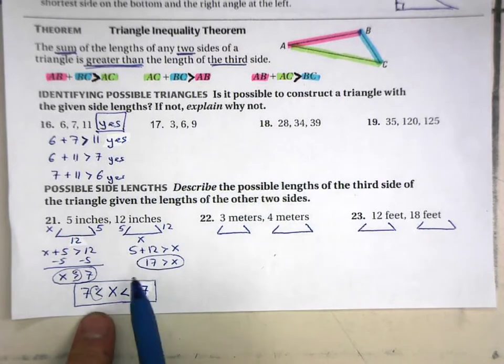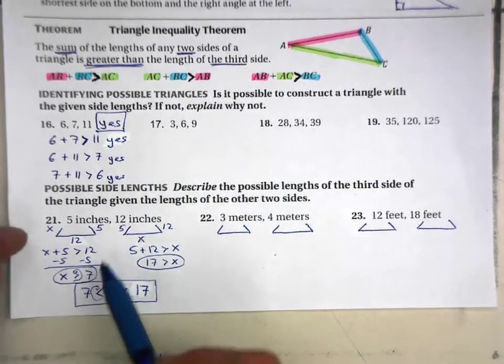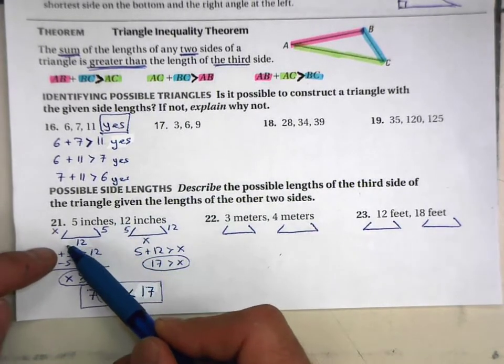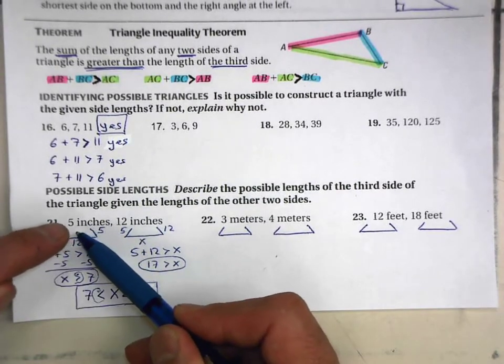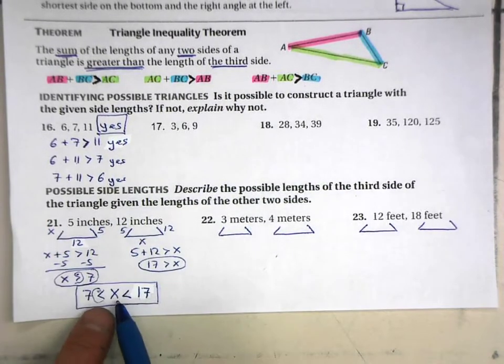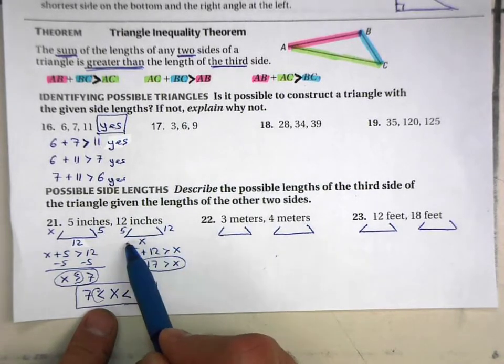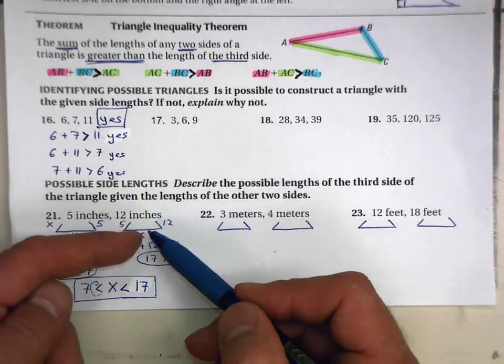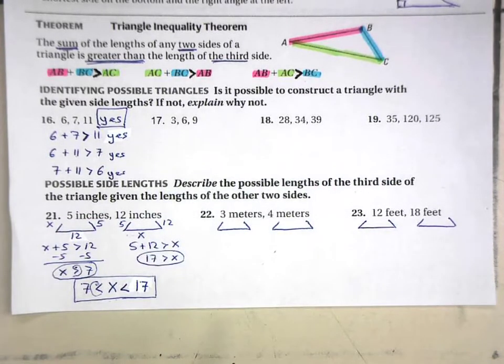Greater than 7, and also less than 17. So x has to be big enough so that when 12 is the longest side, the x and the 5 touch together. But x has to be small enough so that when x is the longest side, the 5 and 12 can touch together, and it will still make a triangle.